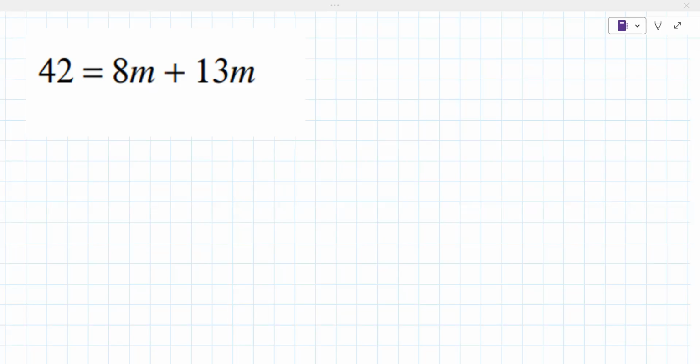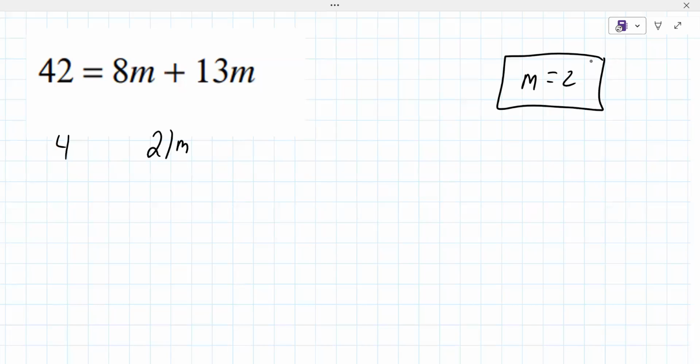M equals 2. All right, very good, Sourish. Now tell me what you did to get that result. I have to add 8 plus 13, and that equals 21, and then divide both sides by 21, and you'll get 2. Excellent. That's really good. I like that a lot.